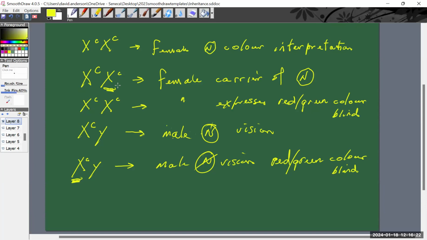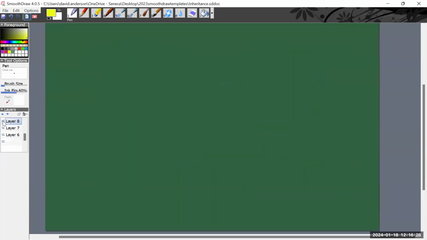Now, what's often used to try to explain some of this inheritance is what's called the Punnett square. Some guy named Punnett came up with this mechanism. What that does is take a look at the parents' genotypes to predict what the genotypes of the offspring would be.